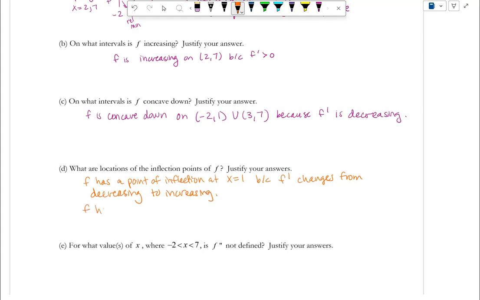And similarly, f has a POI, I'm going to abbreviate point of inflection, at x equals 3 because f prime changes from increasing to decreasing.